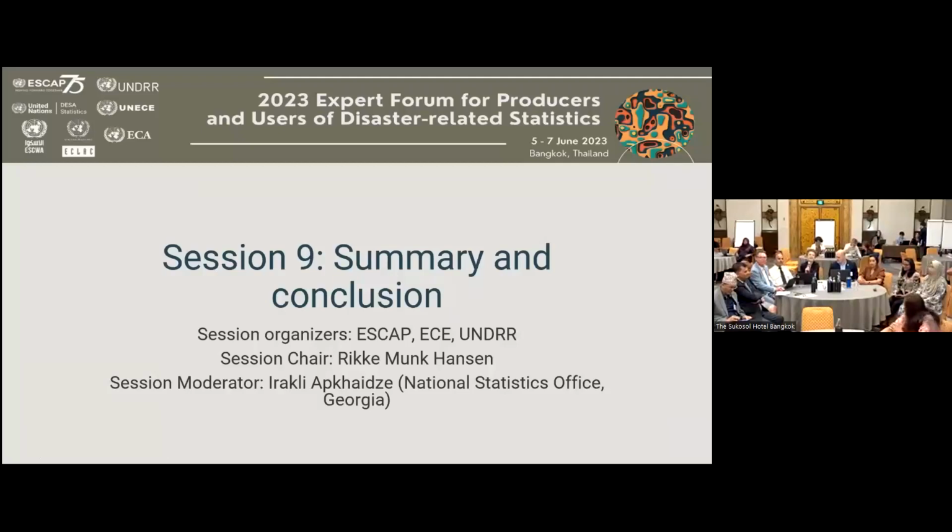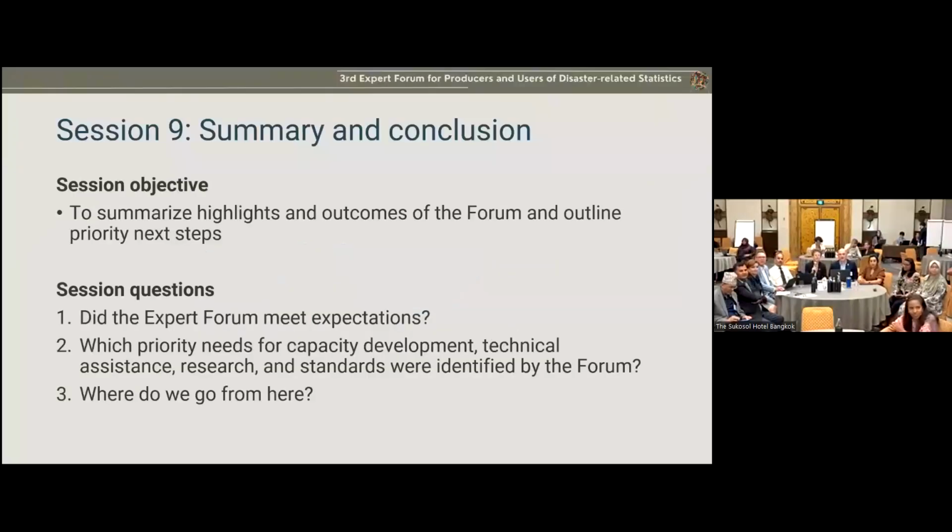Next slide, please. Before I hand over to our moderator, I will start by outlining the objective of this session and the three session questions, as we've all become used to for our sessions here. I don't believe there will be much of a surprise to anyone what the objective of this session is, which is to summarize highlights and outcomes of the expert forum and outline some priority next steps.